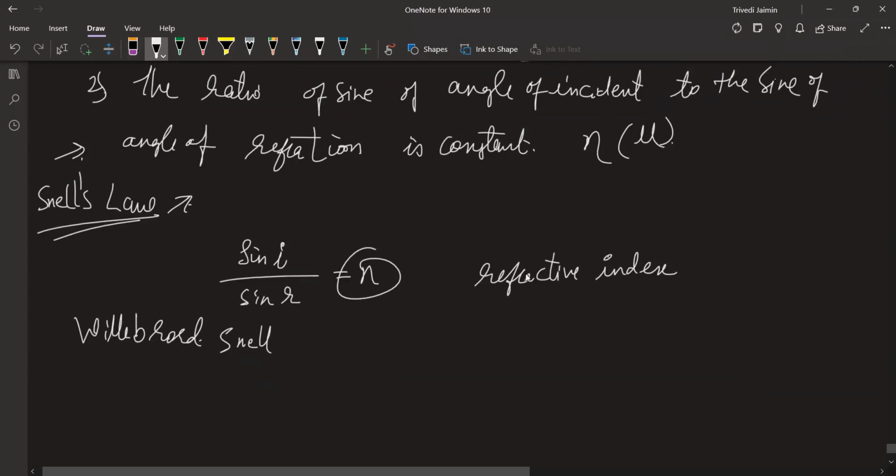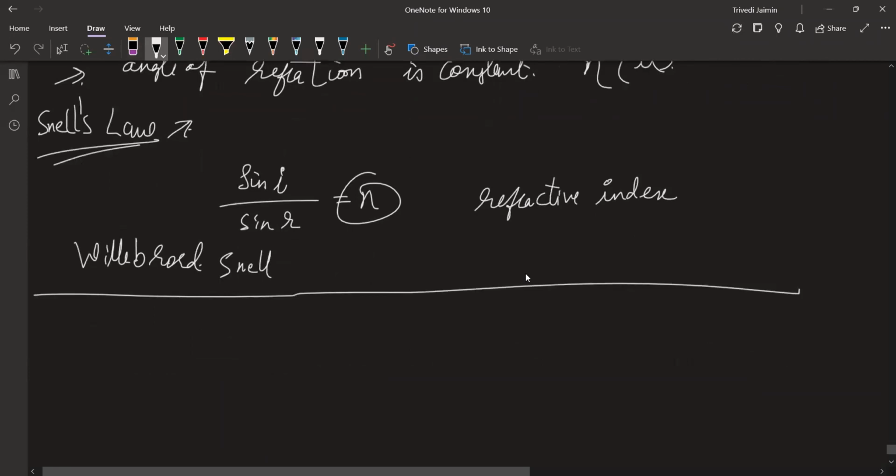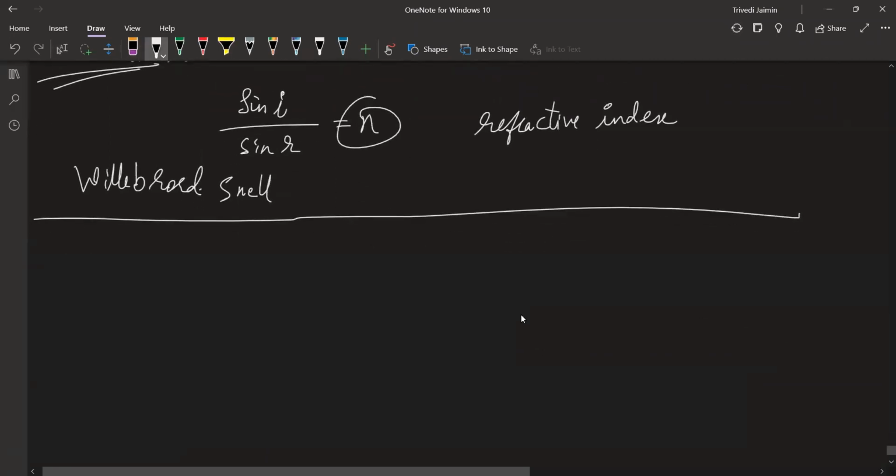Now, refractive index. Refractive index is the ratio when light is traveling from one medium to another medium.